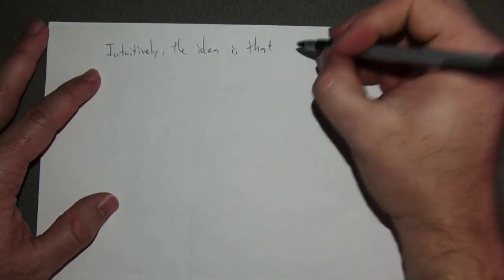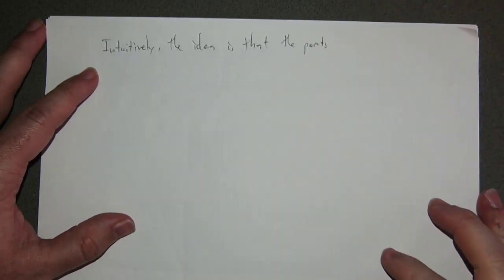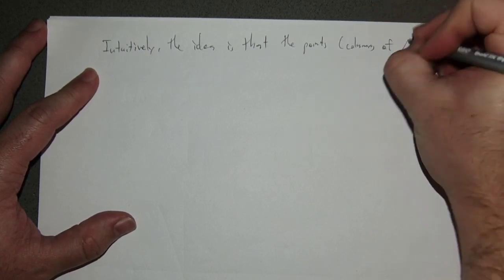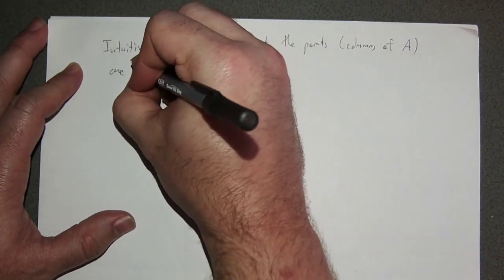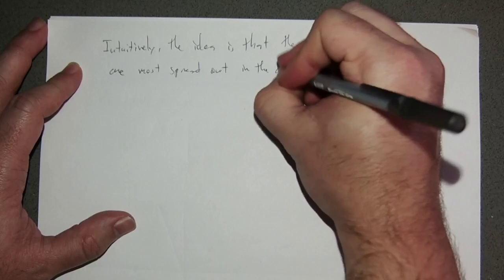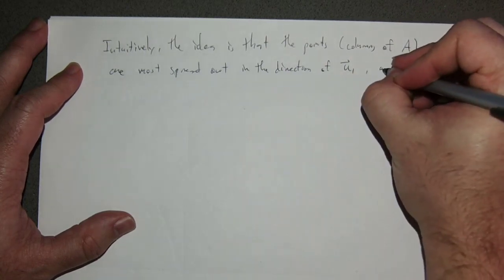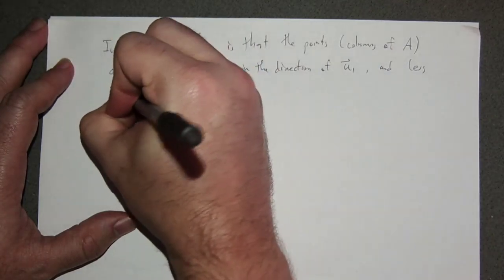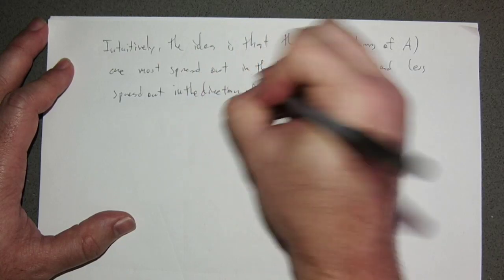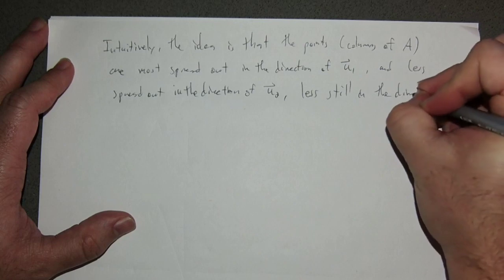Okay, so intuitively the idea is that the points, that is the columns of A, are most spread out in the direction of u sub 1 and less spread out in the direction of u sub 2, less still in the direction of u sub 3, and so on.